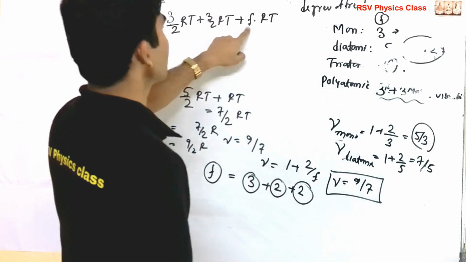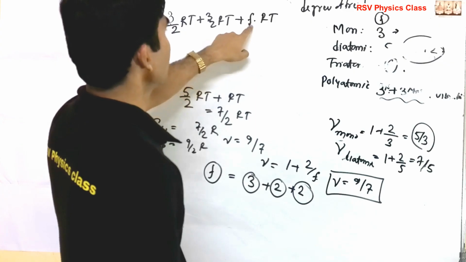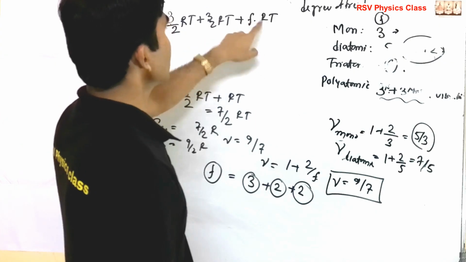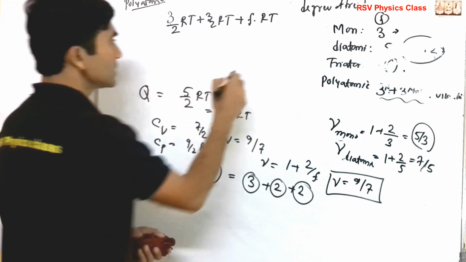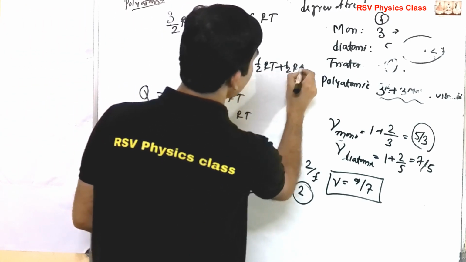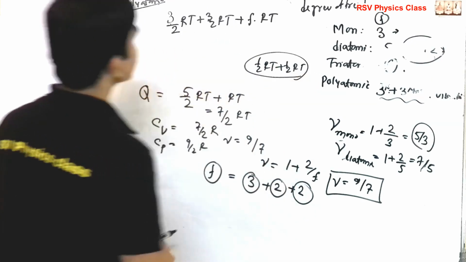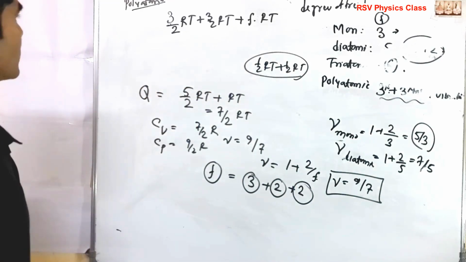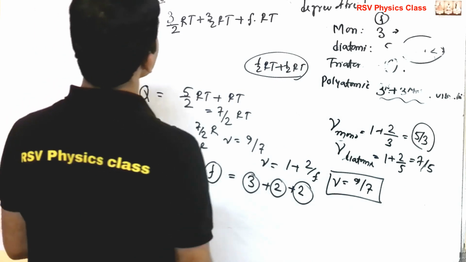So consider a linear polyatomic molecule. In 1 dimension you have to consider kinetic and potential energy. So this is half RT plus half RT. So this is RT.